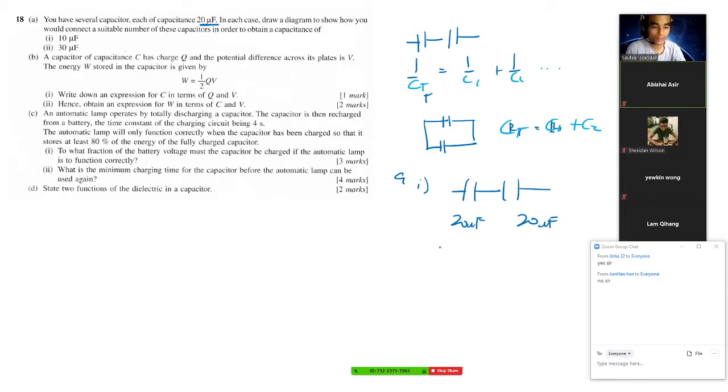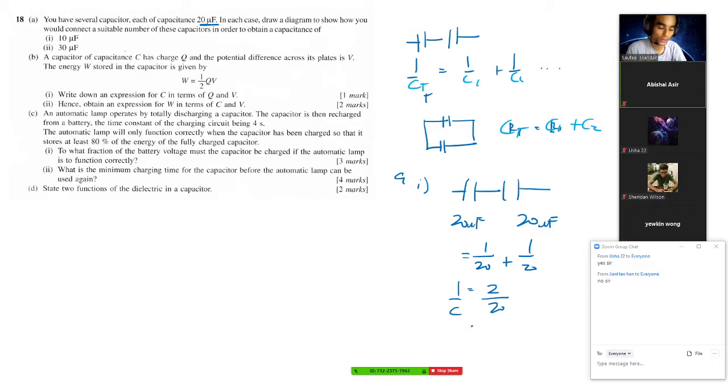So you add up this one: 1 over 20 plus 1 over 20, which is 2 over 20. This is 1 over C, so C equals 10 microfarad.